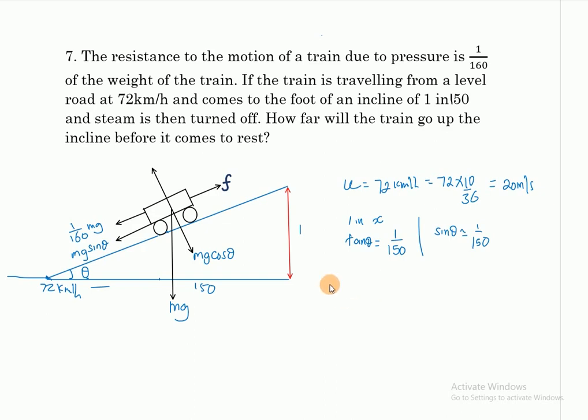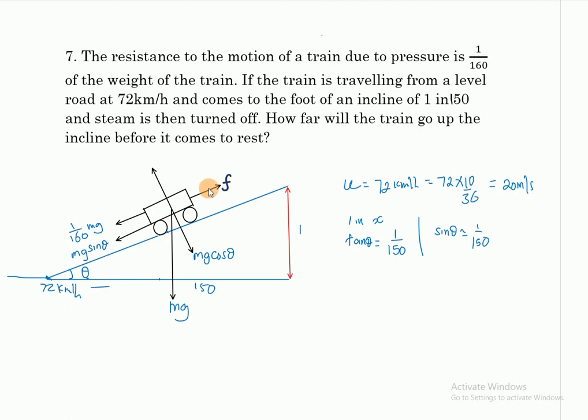Then they talked about the fact that the resistance is 1 over 160 of mg, the weight. Then we have mg sin theta, which is still there because it is the effect of the weight along the incline.